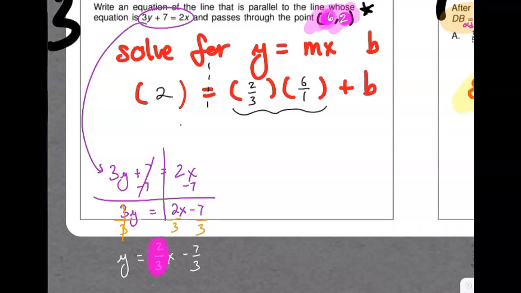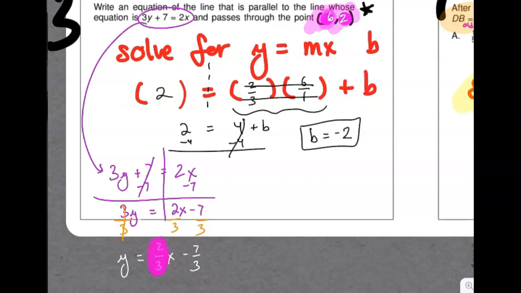If I multiply that, I end up with 2 equals 12 over 3, which is 4, plus b. I'm going to take away 4 from both sides, and I end up with b being negative 2.